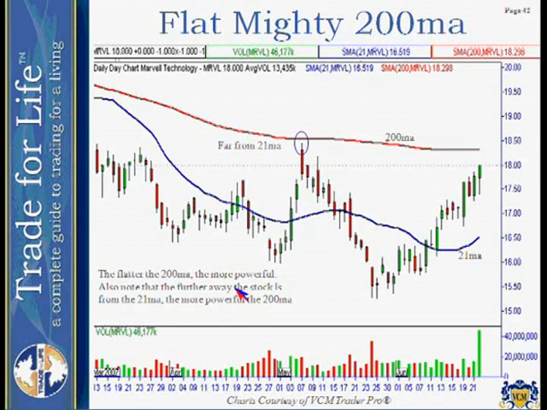You're going to enter off the daily. You see that the stock has rallied up on the daily back to a flattish 20 MA. Where is your entry price approximately on this play?